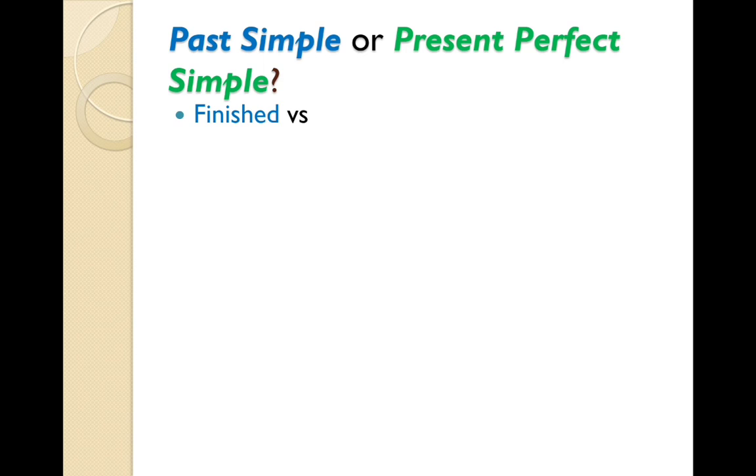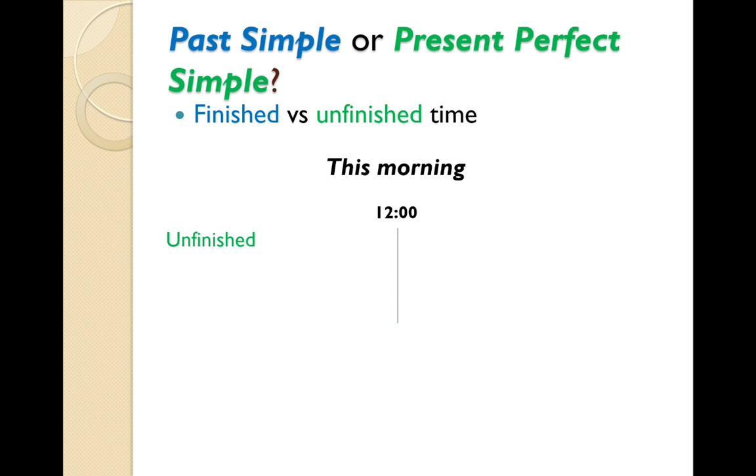Finished versus unfinished. This morning. Is this morning finished or unfinished? Well, before 12 o'clock, this morning is unfinished, and we would use the present perfect. After 12 o'clock, this morning would be finished, because it would now be the afternoon, and we would use the past simple.